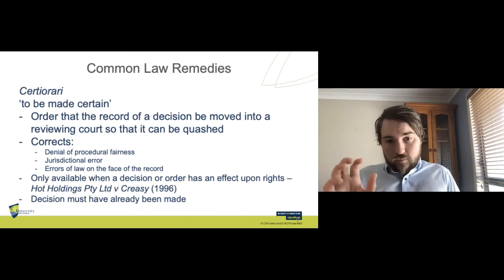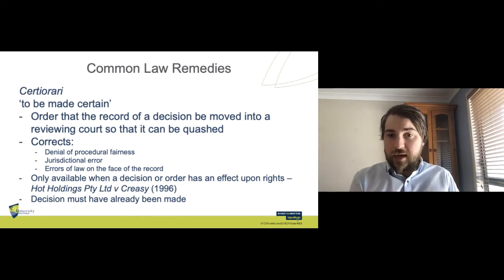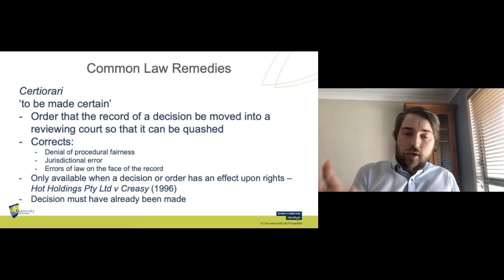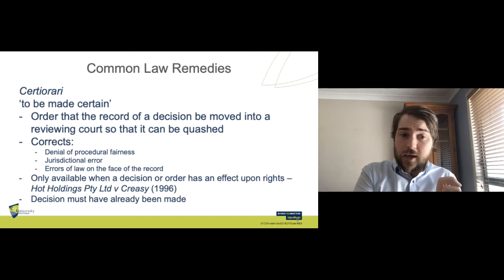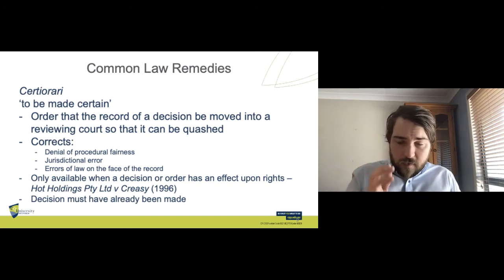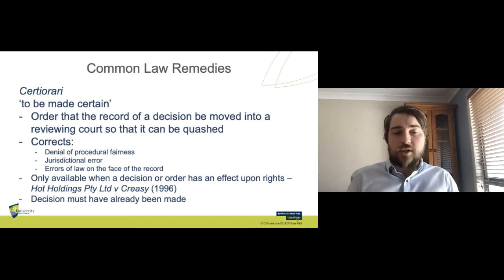So moving a decision made by the executive government under an act into the court, and then the court can quash it and set it aside. And so we can use that to correct a denial of procedural fairness, correct a jurisdictional error, so an unauthorised decision, or errors of law on the face of the record.